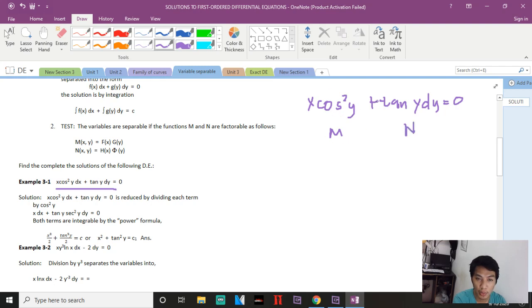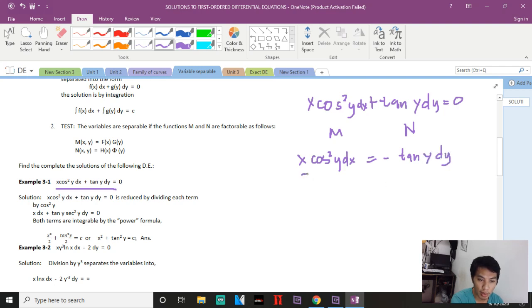So, how will we do na yung y will be transferred to dy this way? Okay? So, x cosine squared y dx, nakawala yung dx, dapat dito may dx. Yan. Equal to negative tangent y dy.